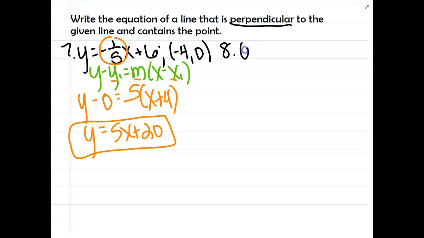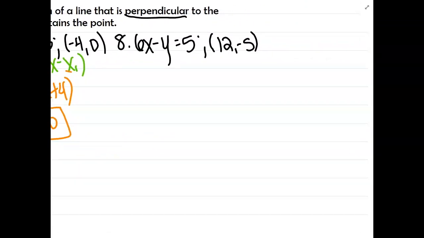All right, 6x minus y equals 5. Perpendicular to that line, passes through the point 12, comma negative 5. What is the first thing I'm going to have to do with this one? I need to solve this one for y, because I need the slope of this line, and to get the slope of this line, it needs to be y equals.